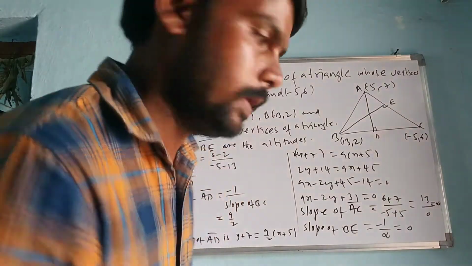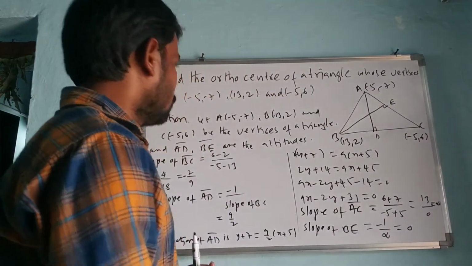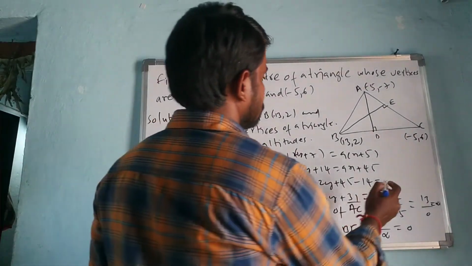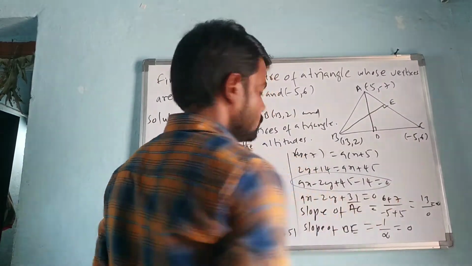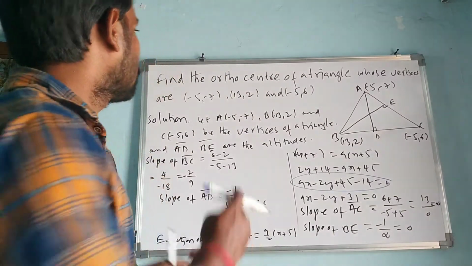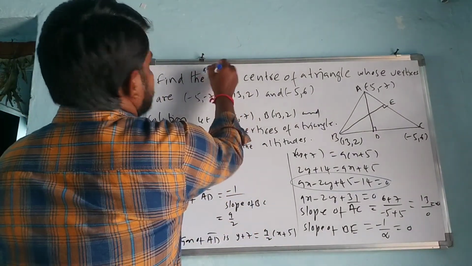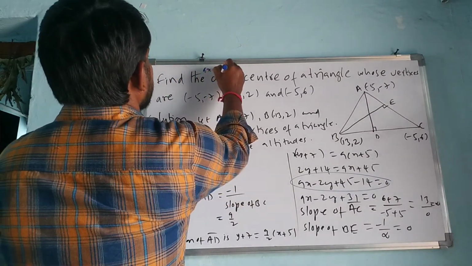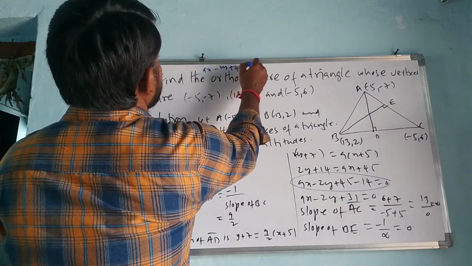Note down the equation of the first altitude, 9x minus 2y plus 45 is equal to 0.